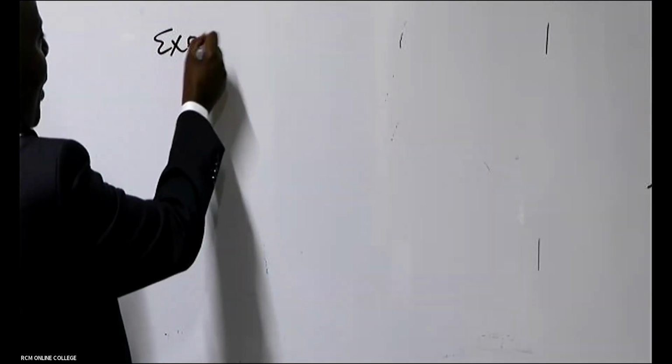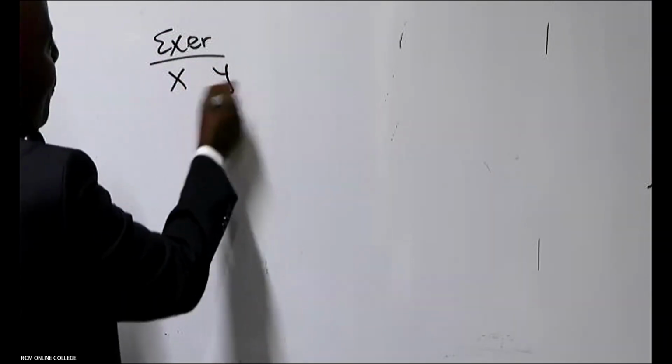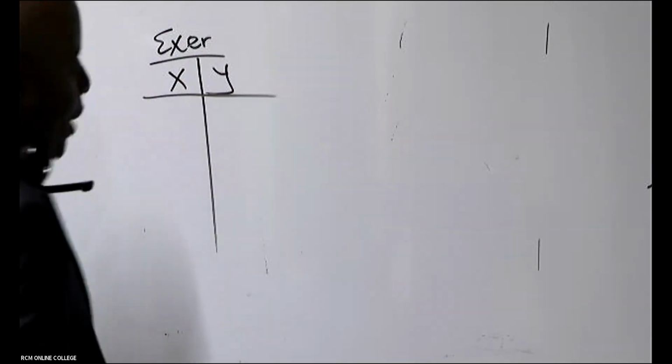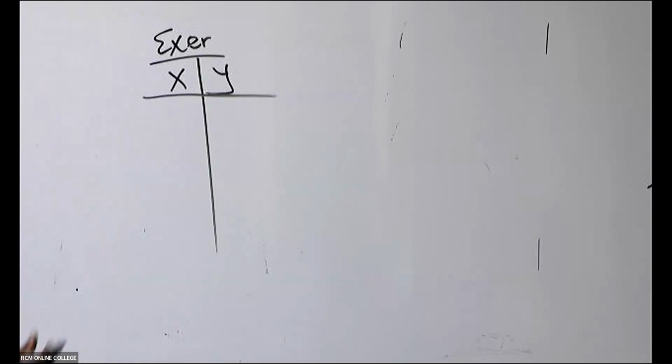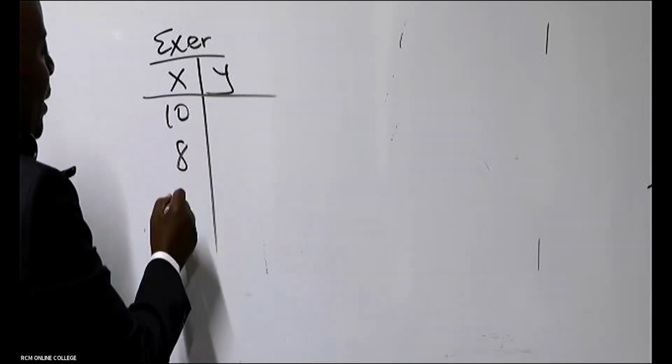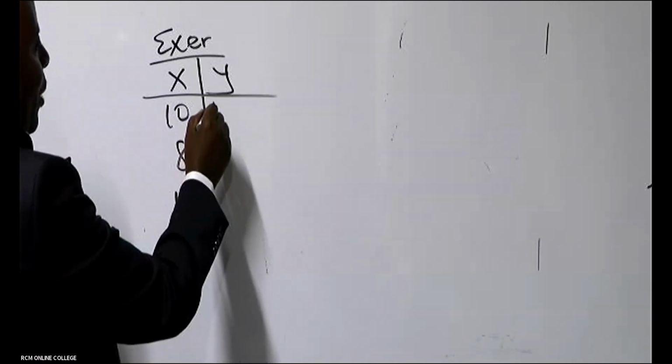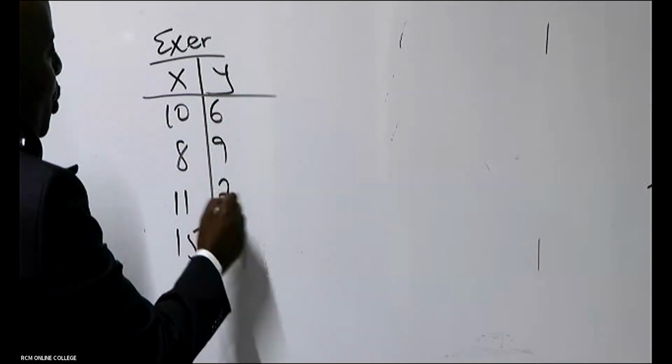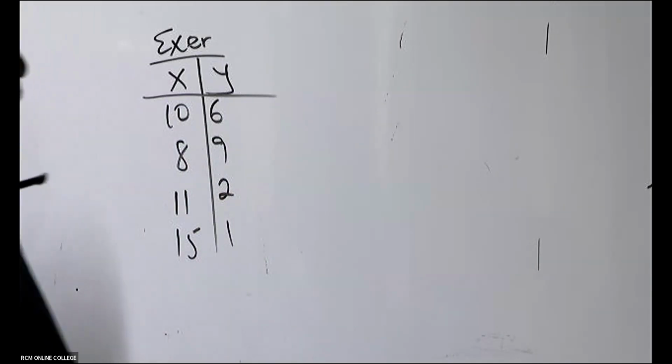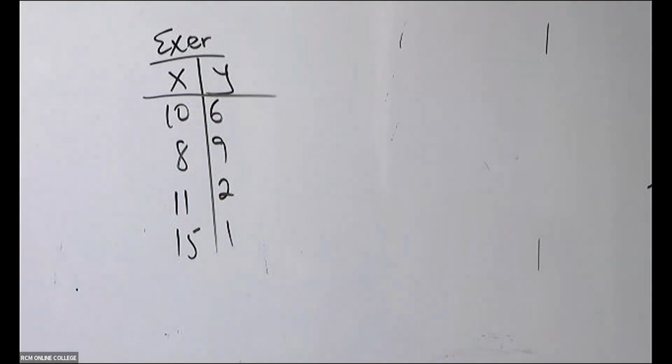Exercise. So we have here x versus y. x in this case we have 10, 8, 11, 15. Here we have 6, 9, 2, 1. So we have 10, 6, 8, 9, 11, 2, 15, 1.